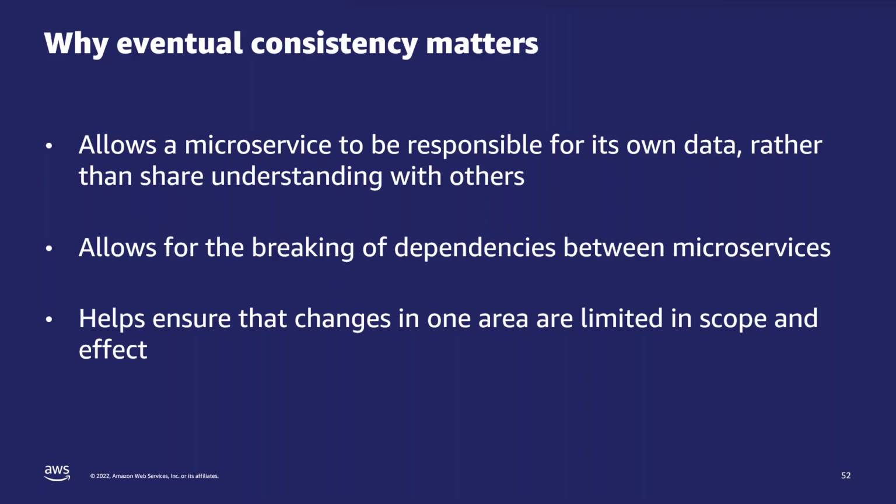If strong consistency is required, for example, two microservices need to know the same information at the same time, then that means that either A, one of the microservices has to have enough knowledge about the other so they can go and get that information from it, or B, they both access the same data store. Doing that means changes in one microservice, such as to a shared table, could impact another microservice.